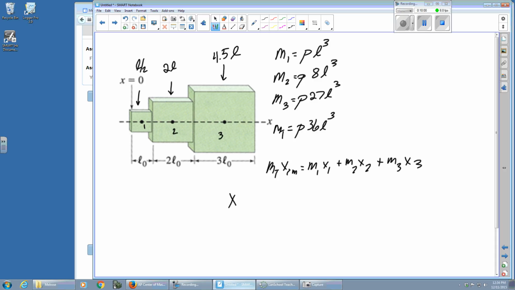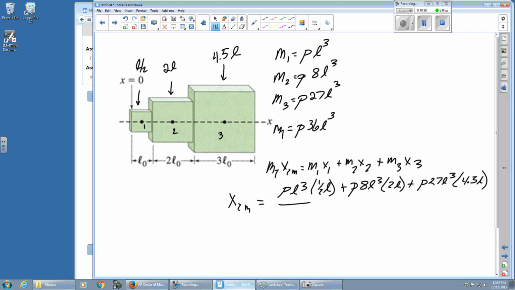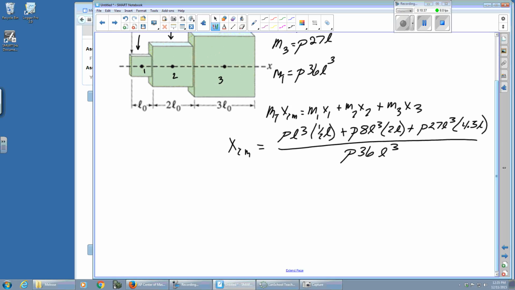So my XCM in this case is going to be rho L cubed times half L plus rho 8L cubed times 2L plus rho 27 L cubed times 4.5 L, all over rho 36 L cubed. And then just solve.